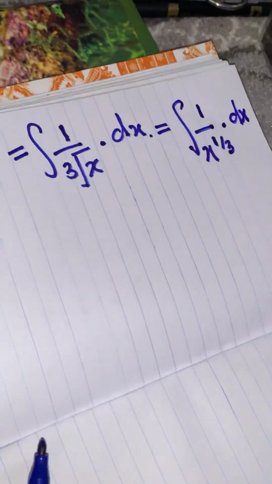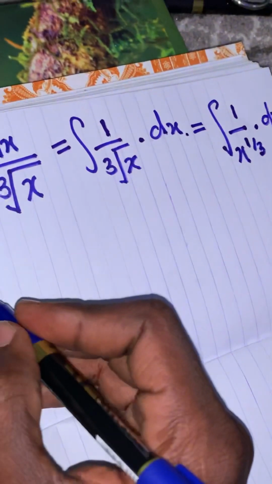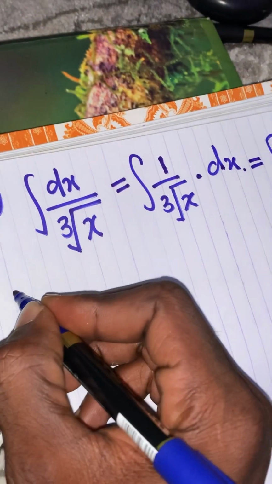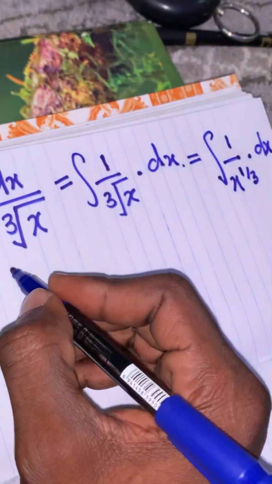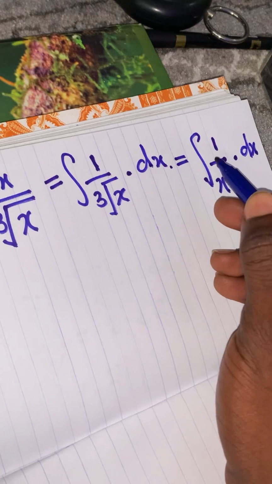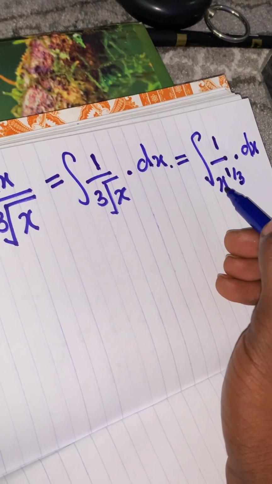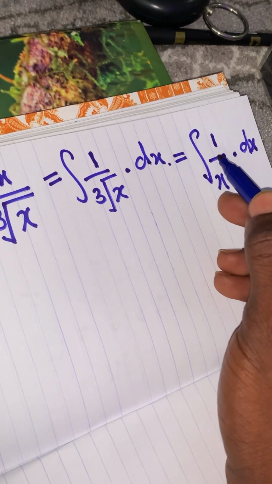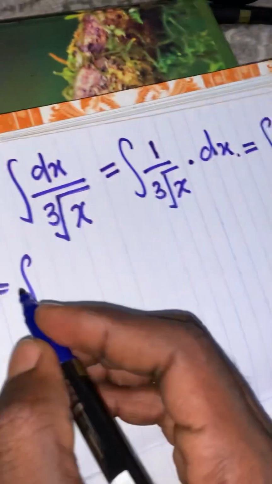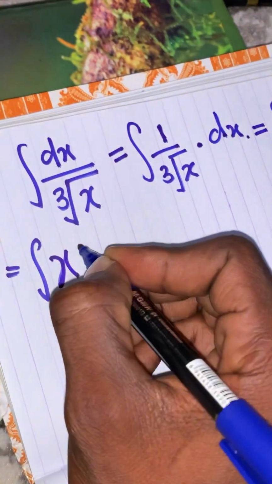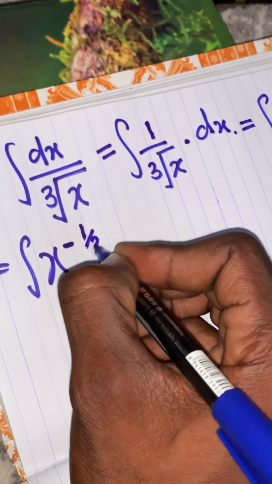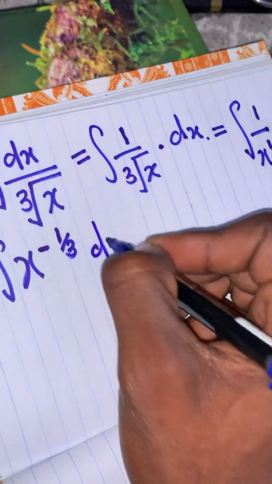dx. So from this expression we can write this as integral of x, then from the indices rule this would be x power negative 1 by 3, then dx.